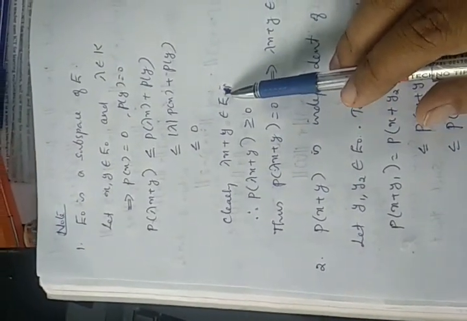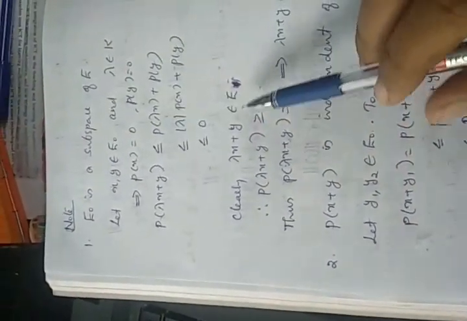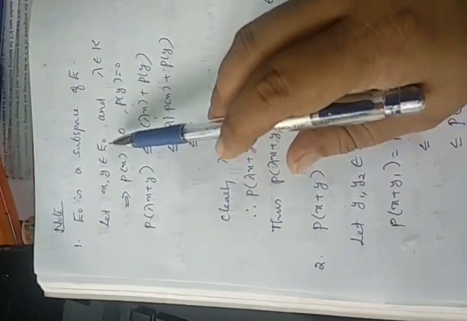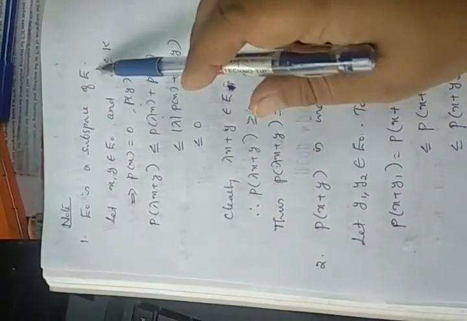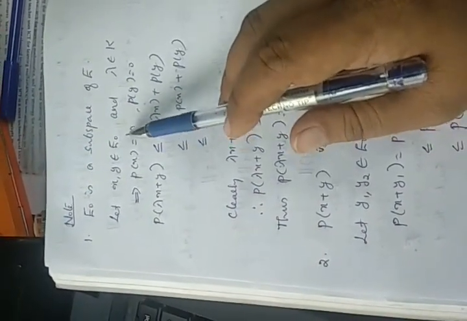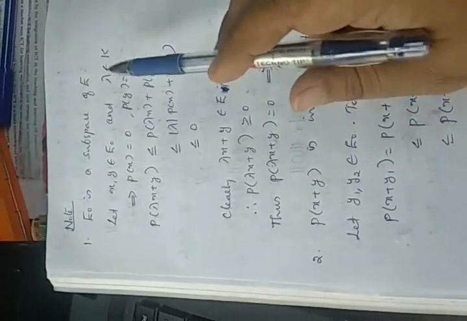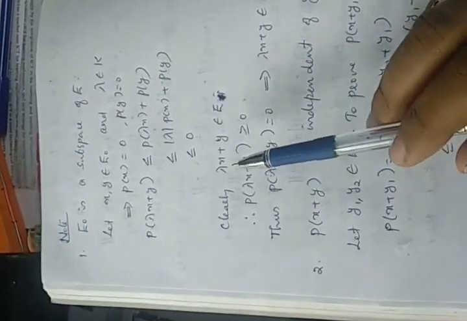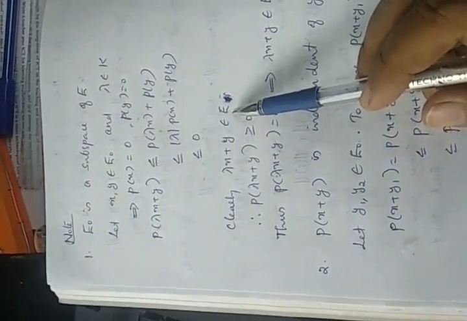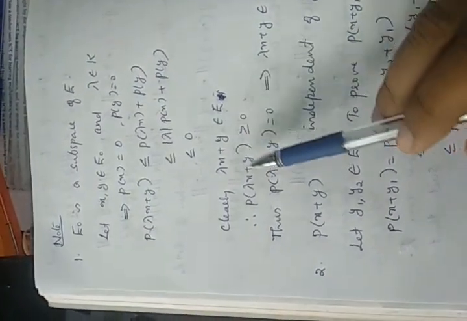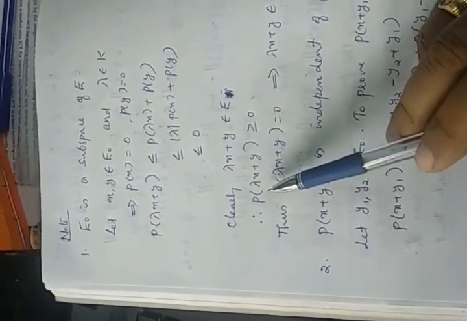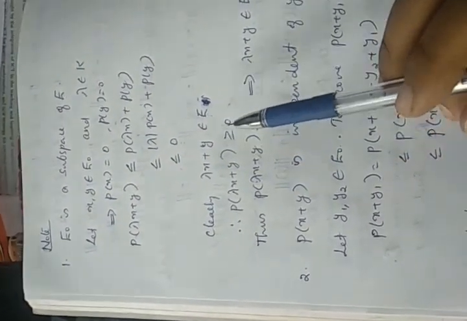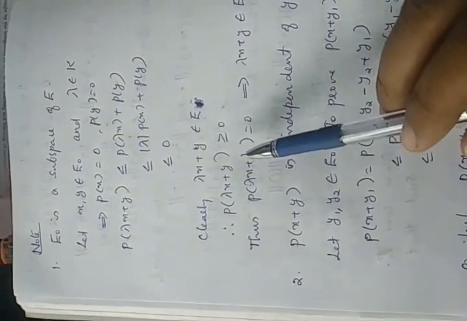Here we have to prove that E naught is a subspace. So, x and y elements of E naught implies x and y elements of E because E naught is a subset of E. And lambda is a scalar. So, clearly lambda x plus y belongs to E because E is a linear space. Therefore, P of lambda x plus y is greater than or equal to 0 because P is a function from E to R plus.